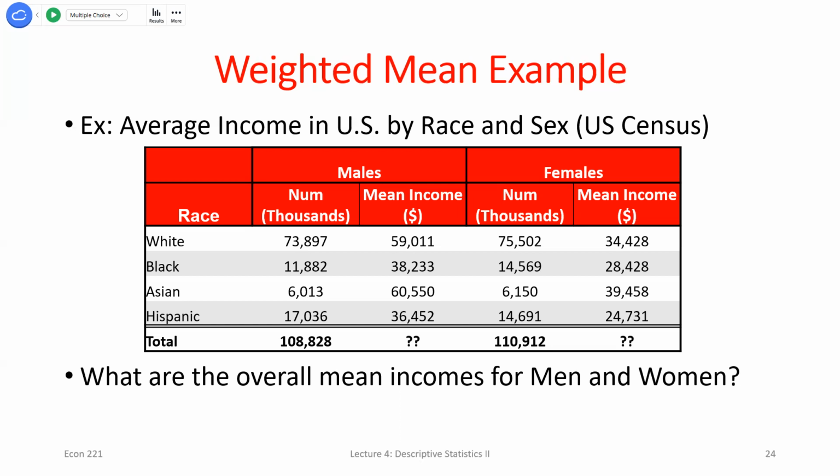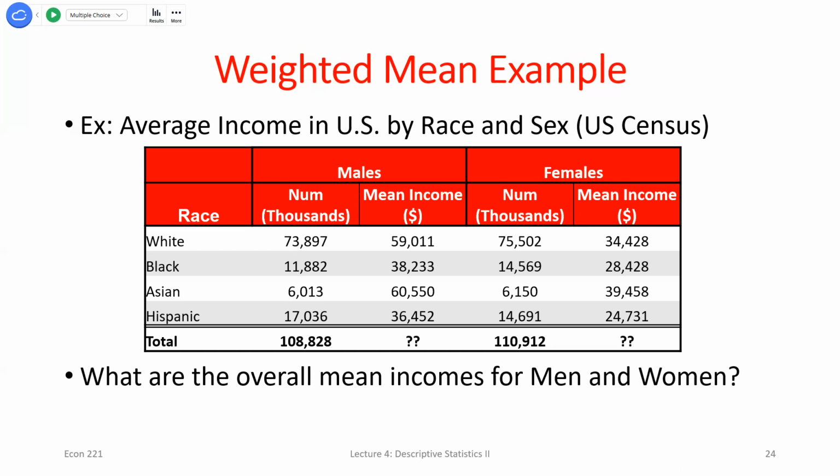So I'm going to use the number of individuals in each group as my weights. How would I find my weighted mean? I'll go to my first group, take its weight, and multiply it by its value for X. Add that to the next group's weight times its value for X. Then add to that the next group's weight times its value for X. Do that for each of the 4 groups. Once I add those all up, that gives me my numerator.